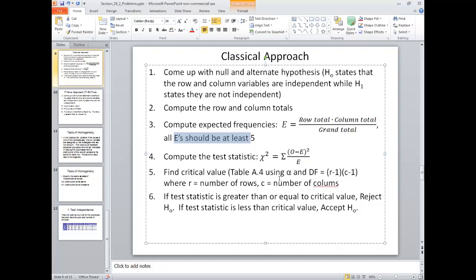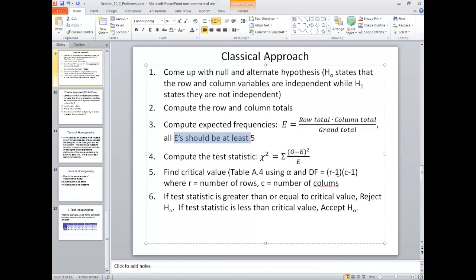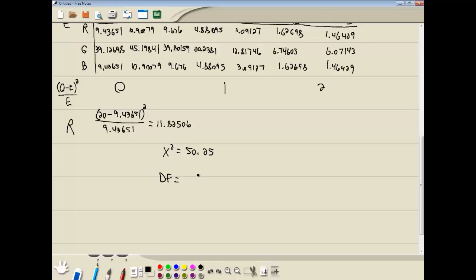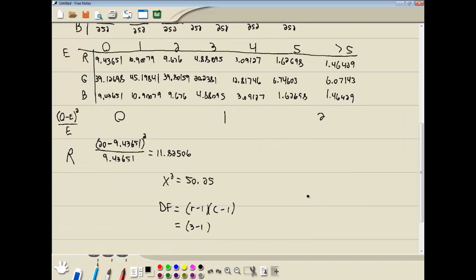Okay, and let me see. Find the critical value. So, degrees of freedom is equal to row minus 1, column minus 1, multiplied together. Let's see how many rows. Well, we have 3 rows, red, green, blue. So we'll have 3 minus 1. Number of columns: 1, 2, 3, 4, 5, 6, 7 columns. So we have 7 minus 1.